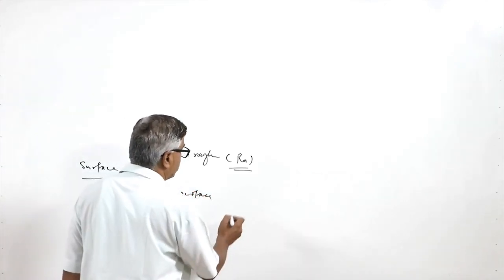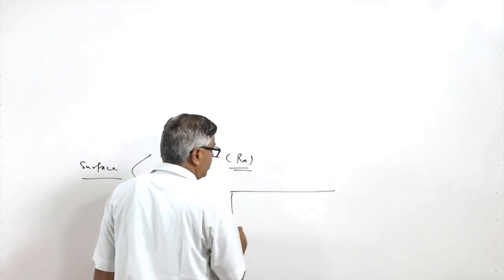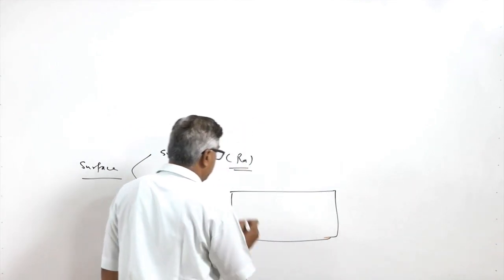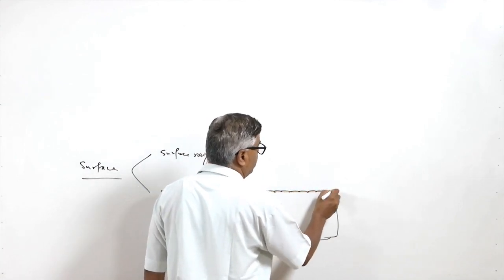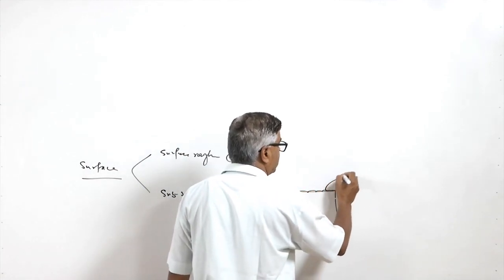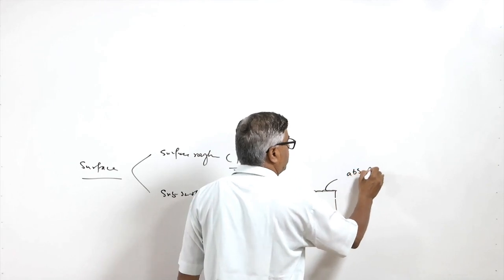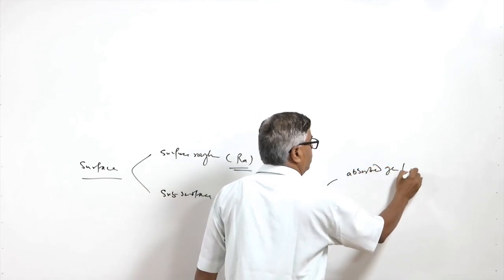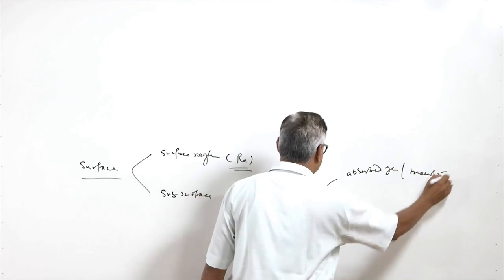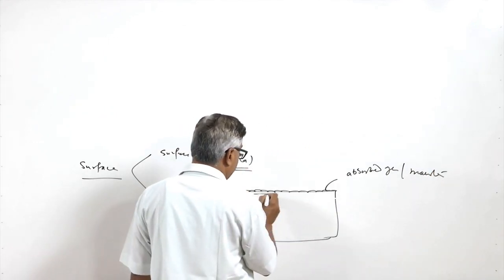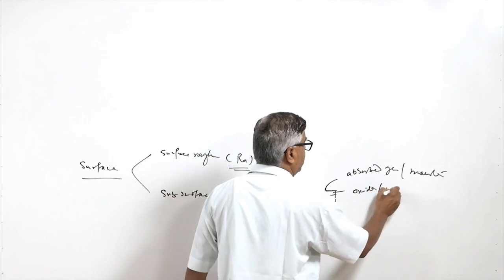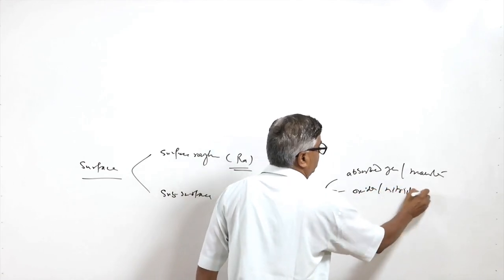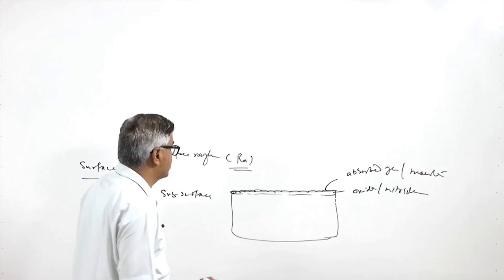The subsurface features include a variety of zones. One zone is just at the surface, of very few angstrom thickness, having absorbed gases, moisture, etc. Thereafter there is another layer which comprises basically oxides and nitrides due to the interaction of the substrate with the atmospheric gases.